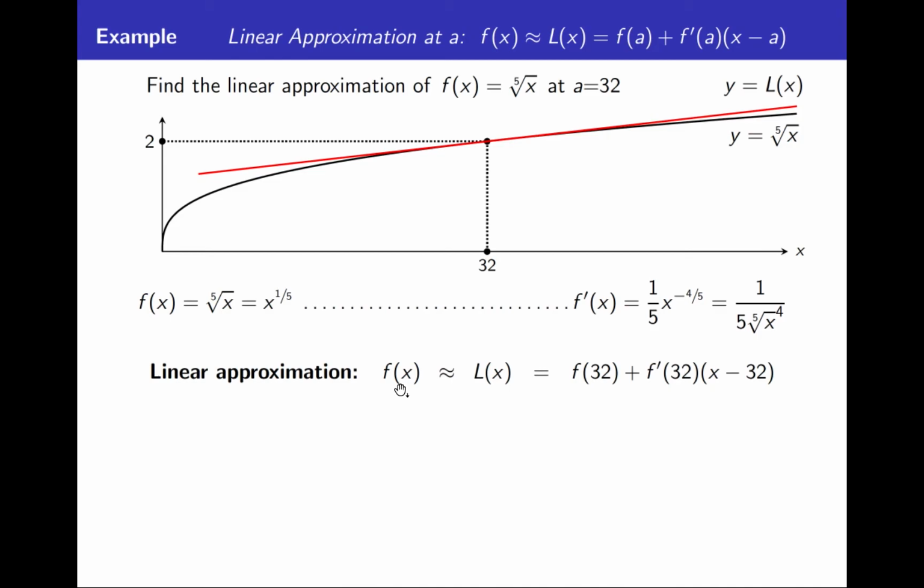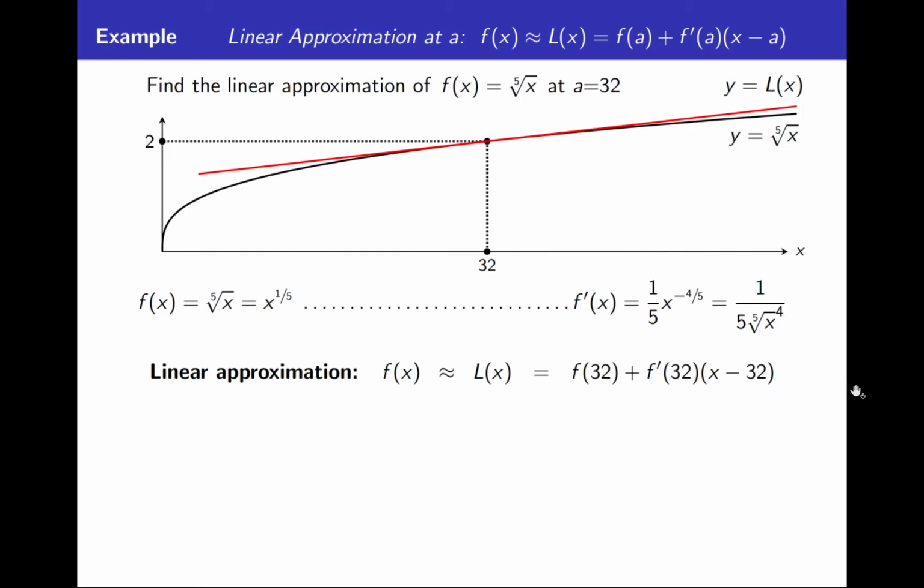So let's work out our linear approximation. We know that for values of x near 32, f of x is approximately equal to L of x, and L of x is f of a plus f prime of a times x minus a, and you see that right here with a equals 32: f of 32 plus f prime of 32 times x minus 32.